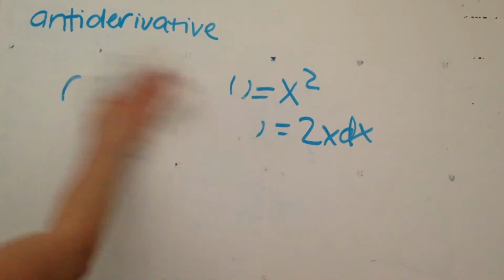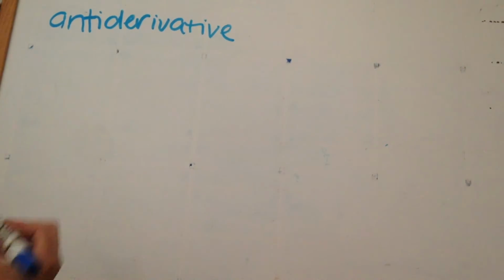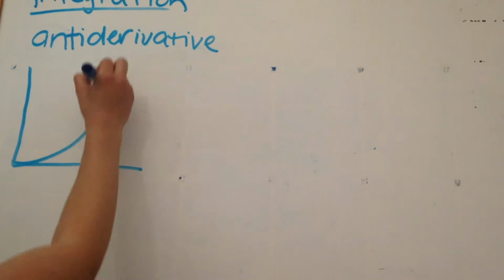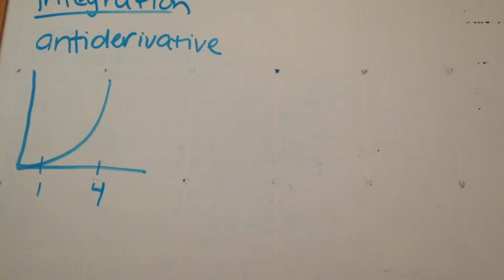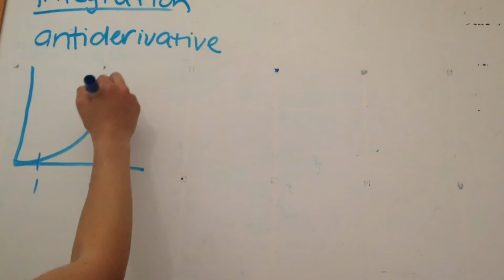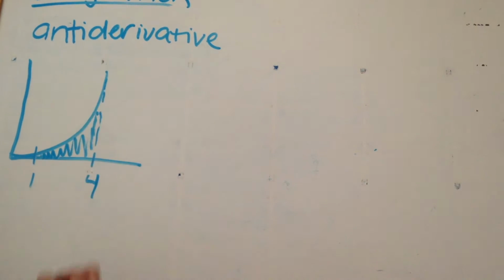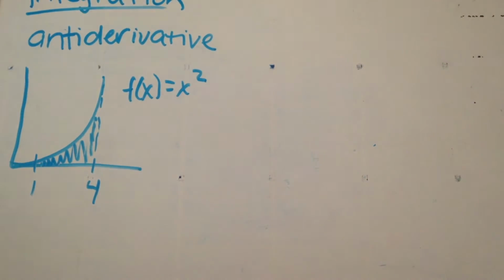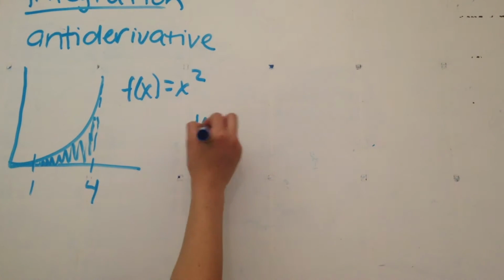So what can you use the antiderivative for? Well, you can use the antiderivative to find the area under a curve. So let's just pretend this is the graph for x squared. If you wanted to find the area under the curve between 1 and 4, you would be finding the area of this section. So basically here are the bounds, so you would plug in the bounds.